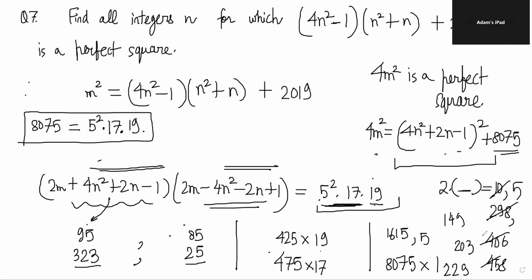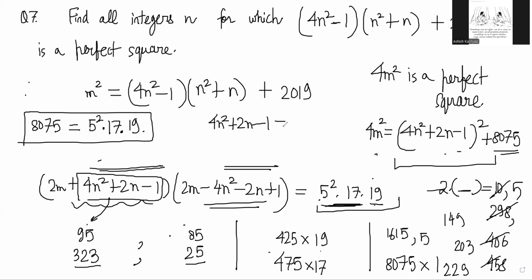But that expression that I'm talking about is a quadratic in n. So you can say 4n square plus 2n minus 1 could be any of these values. So what are the values? 5, 149, 203, 229, 805, and 4037.